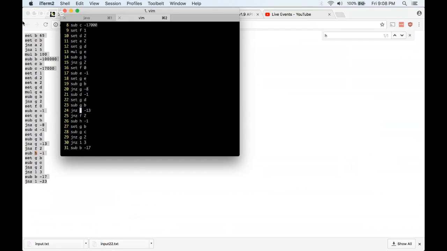Yes, okay, so at some point it's going to maybe go here. Okay. Aha. All right, I think I'm seeing this. Jump non-zero G, this. Jump non-zero 1 negative. Huh. So how does this actually exit?